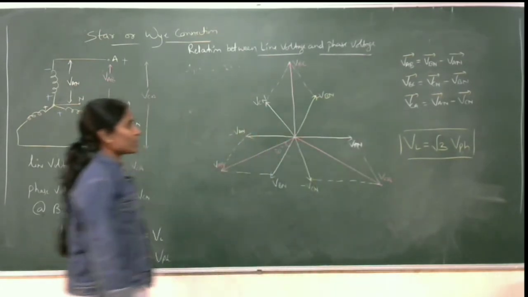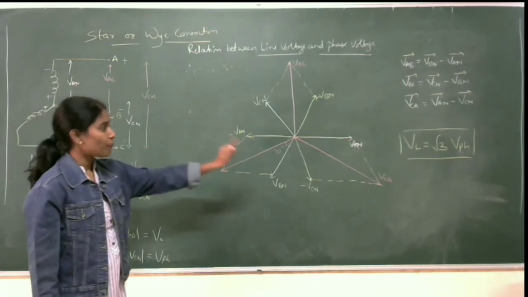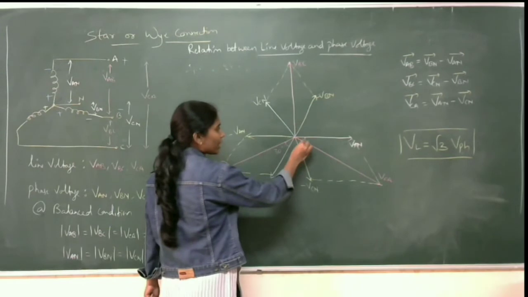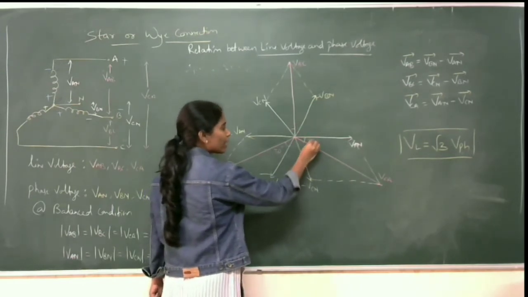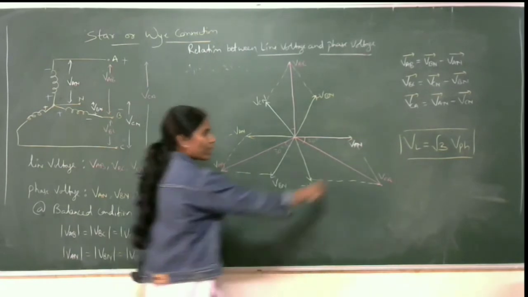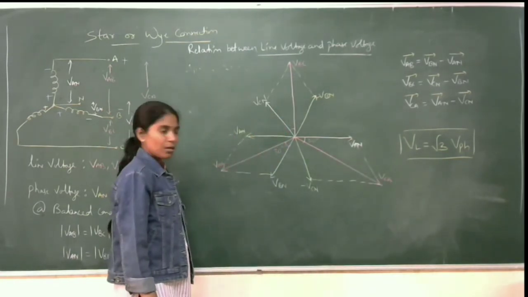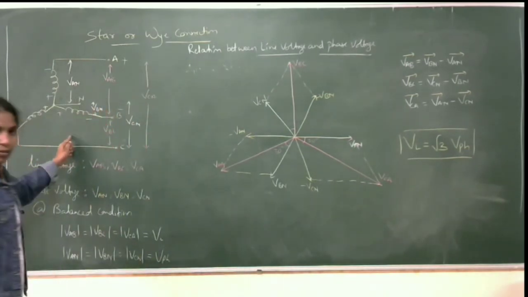So this is the phasor diagram for a three-phase balanced system showing the line and phase voltages. Here you can see the relation between line and phase quantities: the angle difference is 30 degrees and the line voltage is root 3 times the phase voltage. So this is about the line and phase voltage relation for star connection.